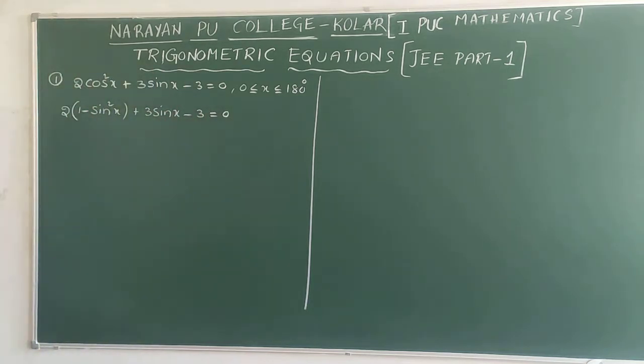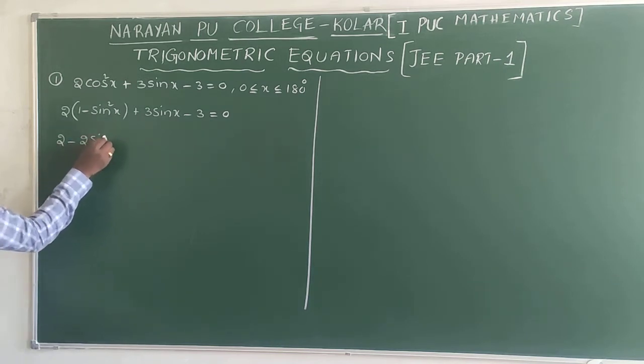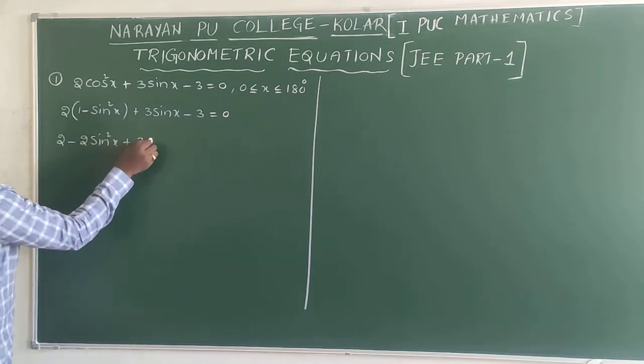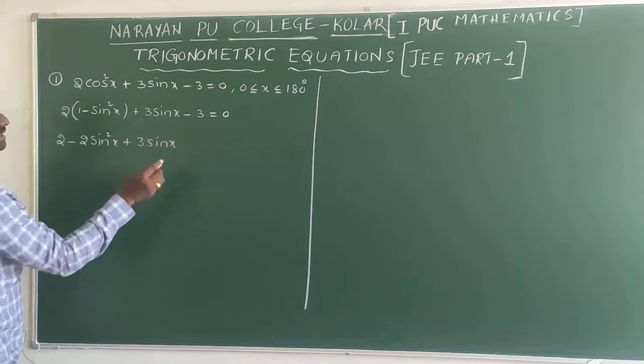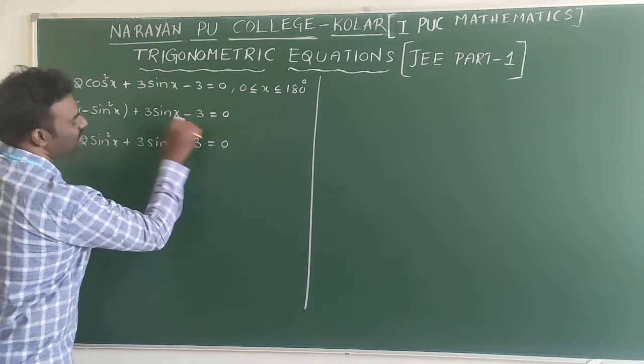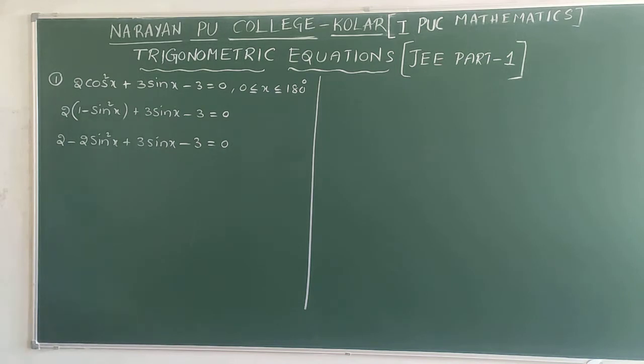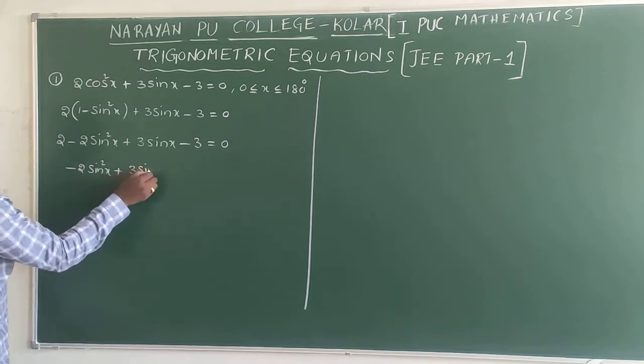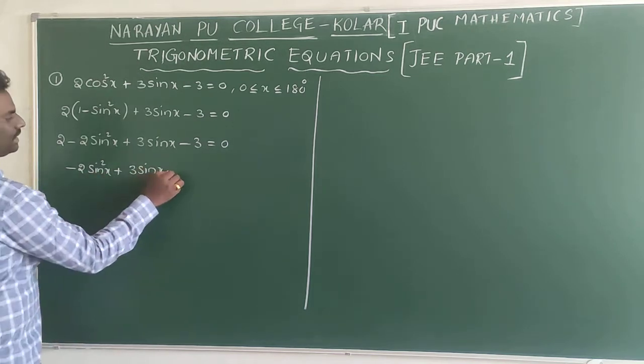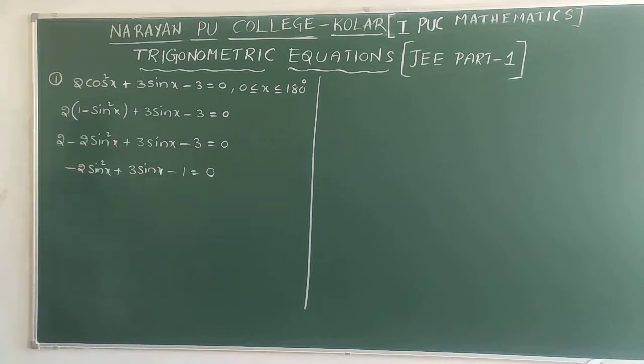0. Now 2 into 1, 2 minus 2 into sin square x, 2 sin square x plus 3 sin x minus 3 is equal to 0. Now you will write minus 2 sin square x plus 3 sin x, 2 minus 3 minus 1 equals to 0.